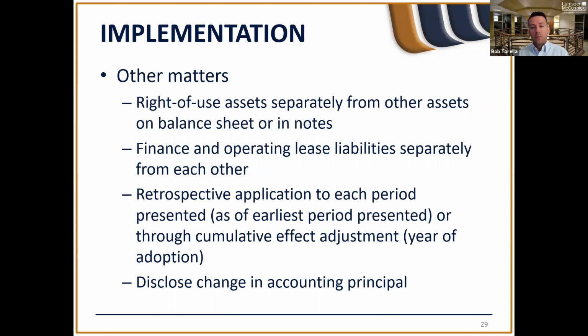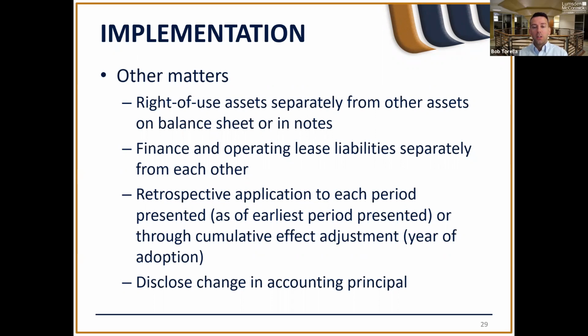And then when you apply or adopt this accounting standard, it has to be applied in a retrospective manner. Now, there are two options. You can either adopt it in the earliest period presented, meaning if you have comparative financial statements, you would essentially restate or revise the prior year numbers to reflect the liability and related asset and any income statement impacts depending on the lease.